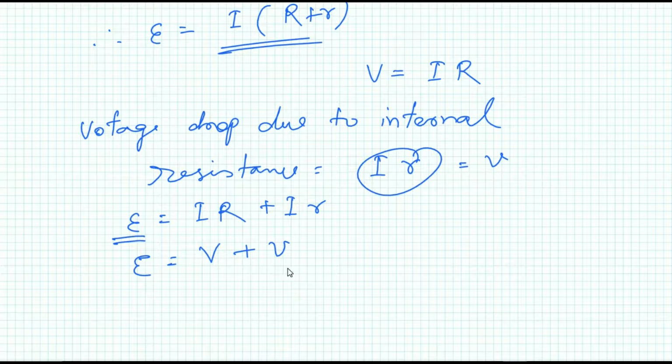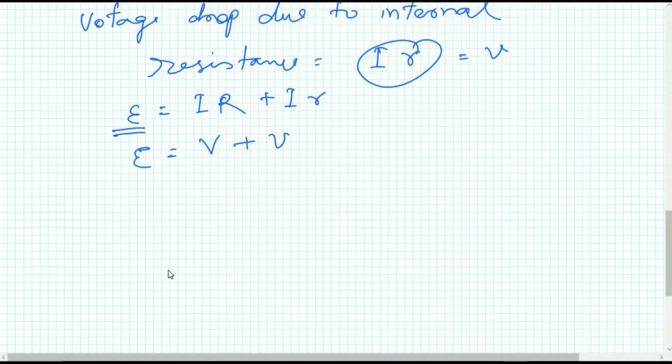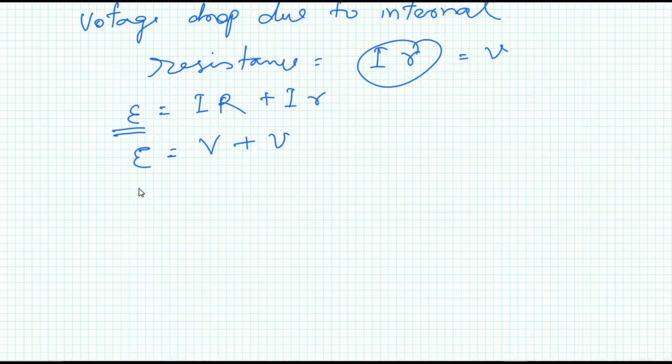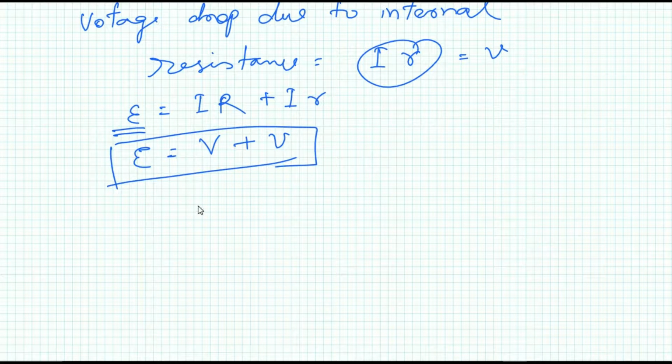That's why I told you that the internal voltage drop of the cell will be written by the small v. So finally, the relation between the terminal voltage, EMF and the internal resistance of the cell we can write like this: epsilon equal to capital V plus Ir.